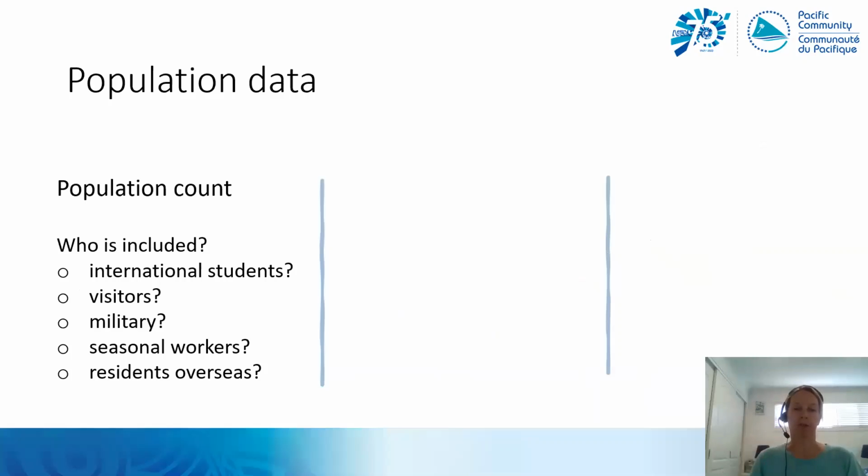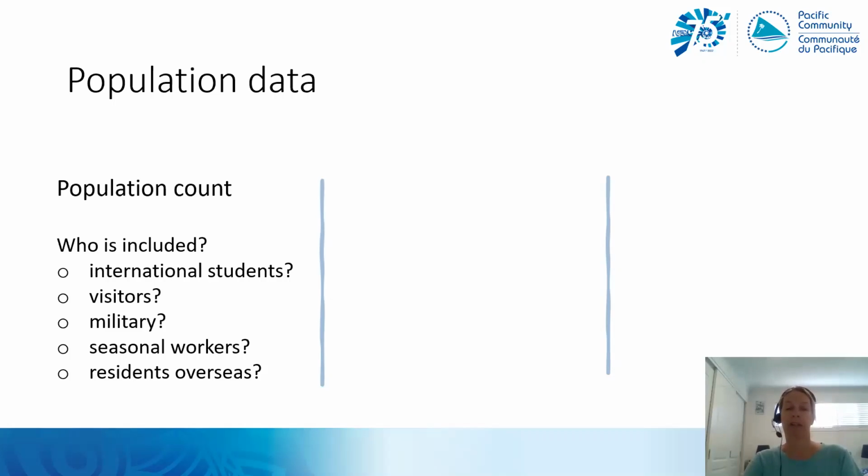So moving to an actual data set, population data. It's one of our most used and useful pieces of information, and it's something that humans have been collecting for over 6,000 years. So on the face of it, population count seems very straightforward, but there are some things that you need to consider and understand within your own country setting. Who is included in that count?